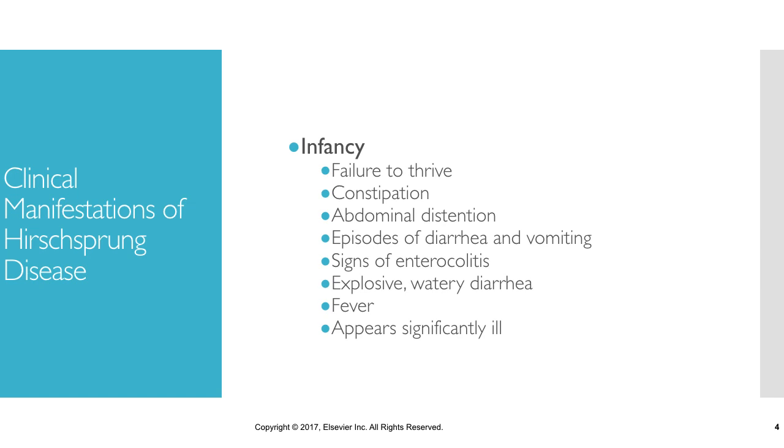In infancy, what we see is a failure to thrive, constipation, abdominal distension, episodes of diarrhea and vomiting, symptoms of enterocolitis. They may have explosive watery diarrhea, fever, and they appear significantly ill.